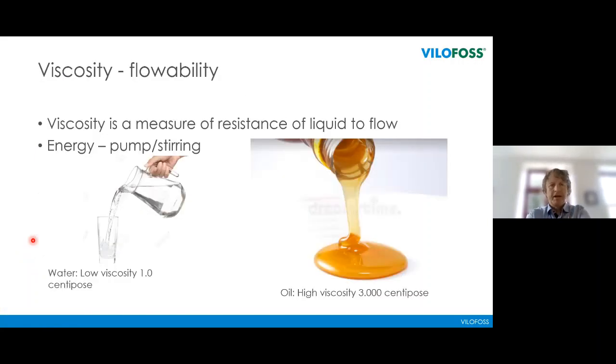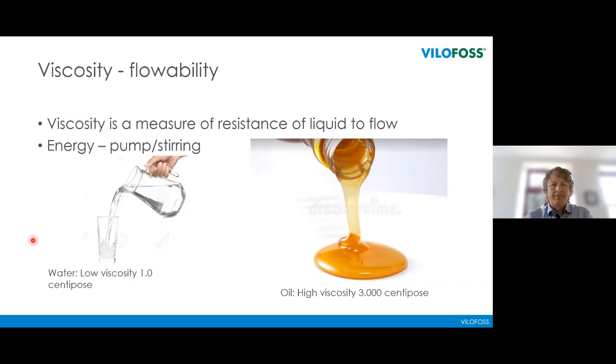Well, first I will introduce you to a measure of flowability. The flowability is actually measured by a term we call viscosity. And viscosity is a measure of the resistance of a liquid to flow, how easily flowable a liquid is.